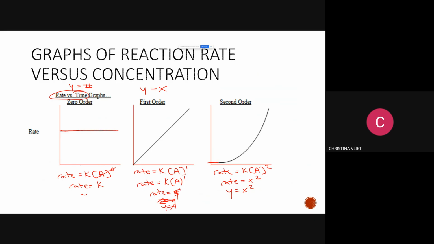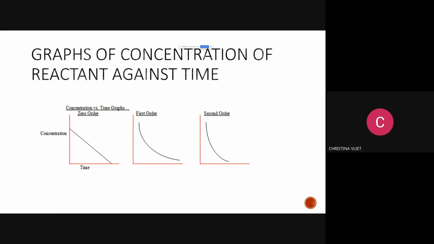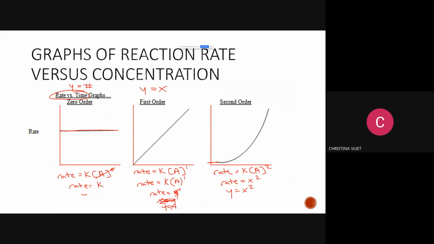This is basically just saying, in a first order reaction, it's a linear relationship. When the concentration increases, the order tells me that the rate will increase by the same amount. Here, when the concentration increases, the rate will increase by an exponential amount. And so you've got to be aware of these graphs, because Cambridge could just ask you to write the general graph for a first order reaction. And then they expect you to just draw a line like this.